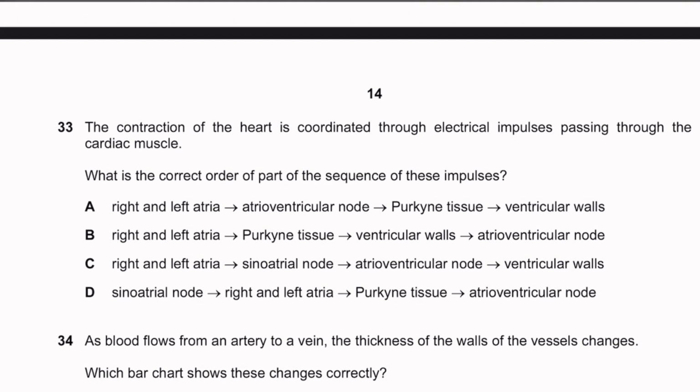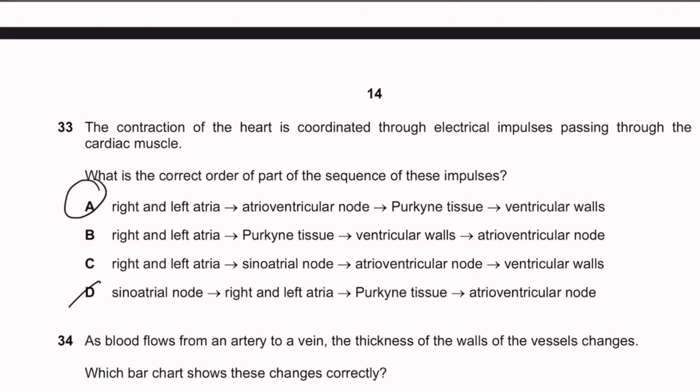The sequence of the impulse will start from the sinoatrial node, which will pass it to the right and left atria, and then from the right and left atria it's going to move to the atrioventricular node, and from there to the Purkinje tissue. And so I'm not really convinced by option D because of the way it's written. However, option A does show us this, but without the sinoatrial node, and so A is our answer.